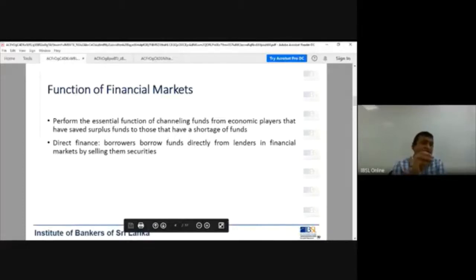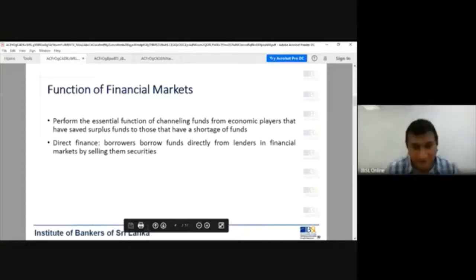The final investor may be thousands of people who invested in that bank, deposited money in that bank. We call that indirect finance. We'll come to that point. But direct finance is you yourself issue securities, bonds, and raise your required funds.